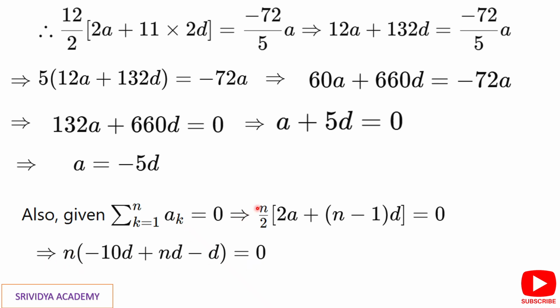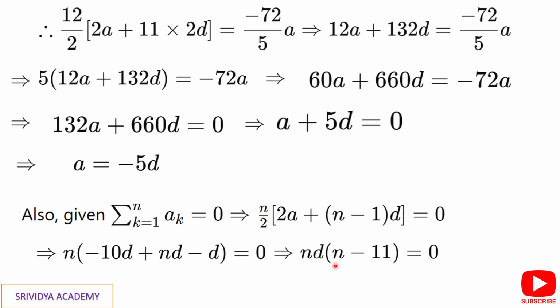Because here I have n/2 and on the right hand side I have 0, I can take n into (-10d plus (n minus 1) into d). So I am multiplying by d: nd minus d is equal to 0. This implies that nd into (n minus 11) is equal to 0. That is, when you take d common from the bracket, I will get n into d, with n outside the bracket.